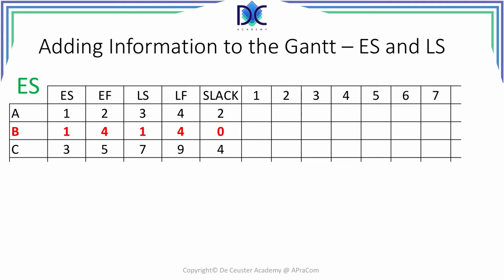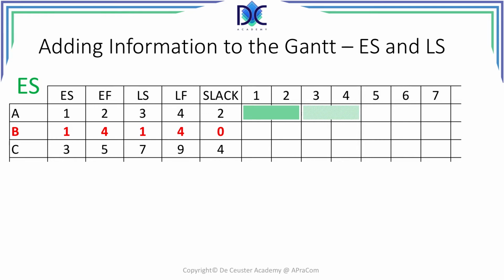So I can draw the activity A in the Gantt, which I color green. This means that it's a non-critical path activity. The slack is 2, so I can add the slack to the diagram. So I can clearly see that there is a slack.